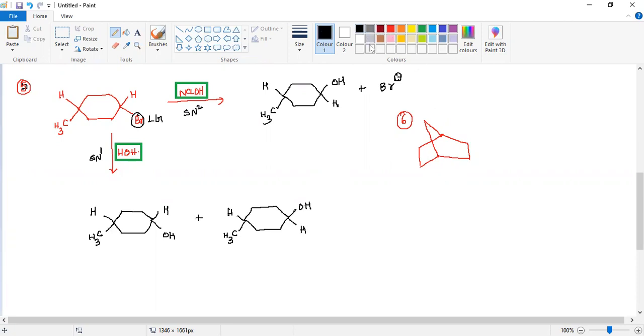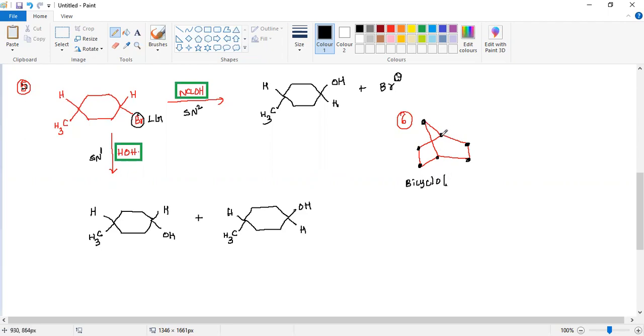What is the compound name? So here I want to write, these two are the bridgehead carbons. Between these bridgehead carbons there are 2 carbons here, the 2 carbons, and between these two bridgehead carbons another carbon is there. Okay, so how can we write the IUPAC name? Bicyclo, yeah.